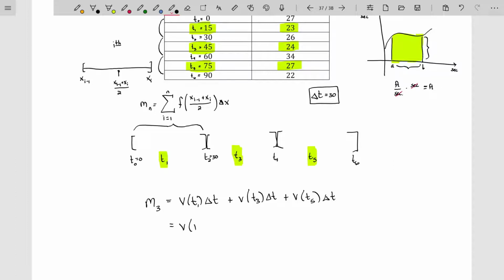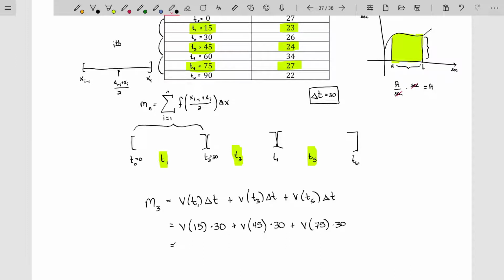So that'd be the velocity at time 15 seconds times delta t, which is 30. I'm taking my time with this just to show you so that I don't lose anybody in this derivation. That's all. So you could easily have skipped all these little sub steps here. There's nothing wrong with that. I just like to make sure that everybody is sort of on board with the argument here.